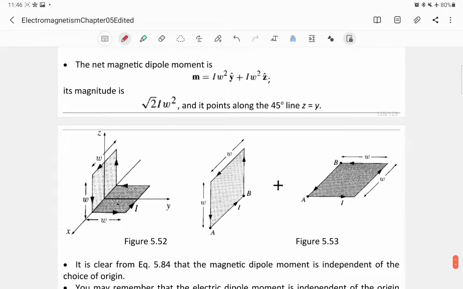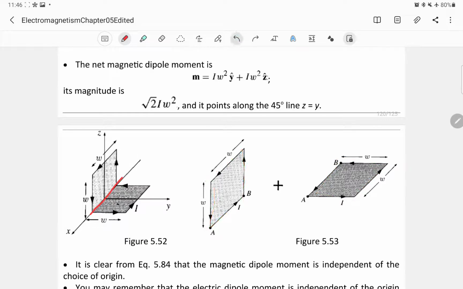You can actually divide this loop into two loops, this one here and this one here, the one perpendicular and the one parallel to the XY plane.